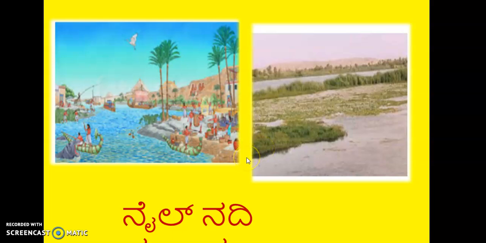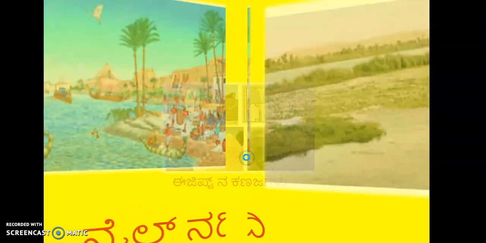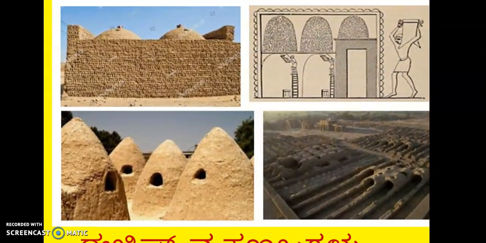They also needed to compute the volume of granaries. See here, children, how beautiful these granaries are, and how they were constructed with actual measurements using the knowledge of geometry. They also constructed canals using the knowledge of geometry.